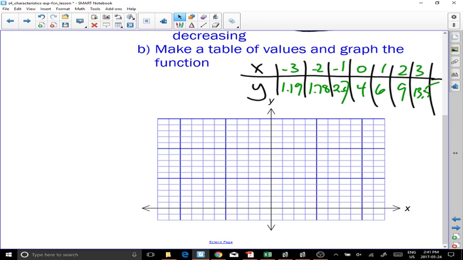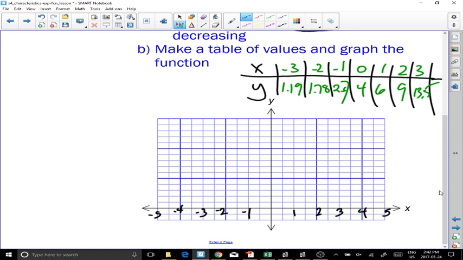So x, as we go from -3 to 3, hey, listen, I'm actually willing to do this: -1, -2, -3, -4, -5, 1, 5. For values, we go up to a maximum of 13.5.